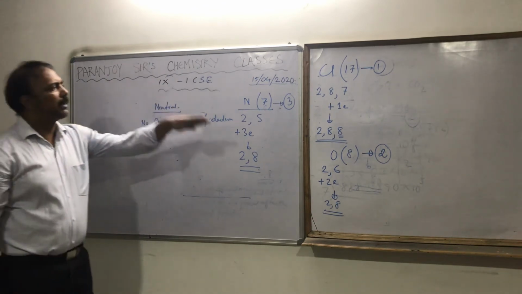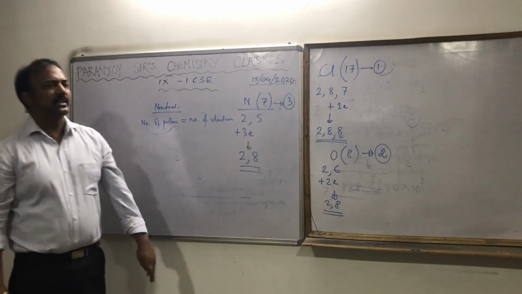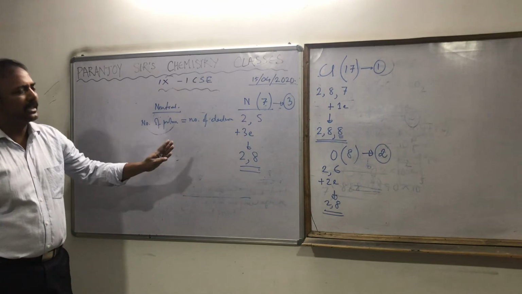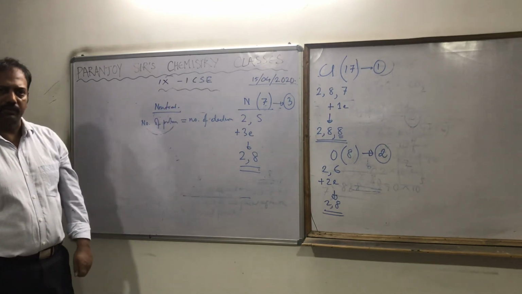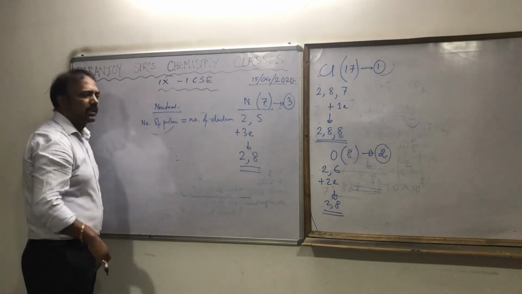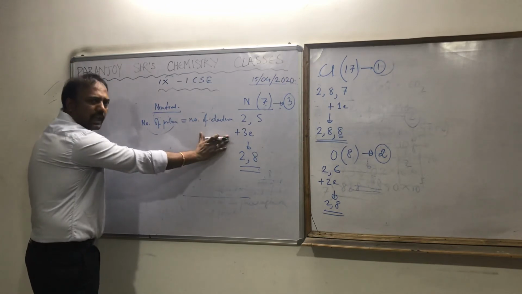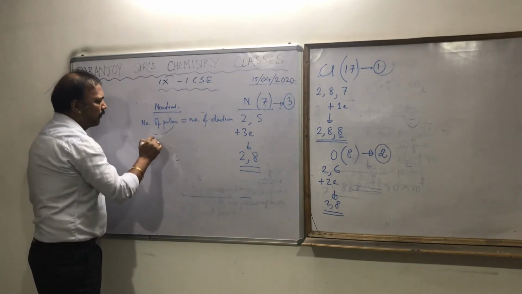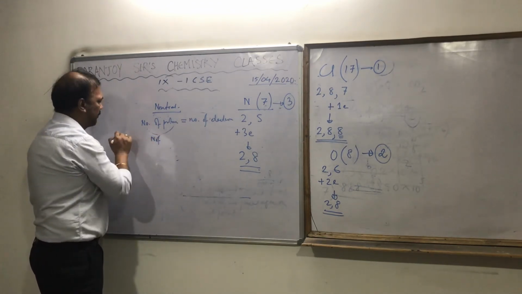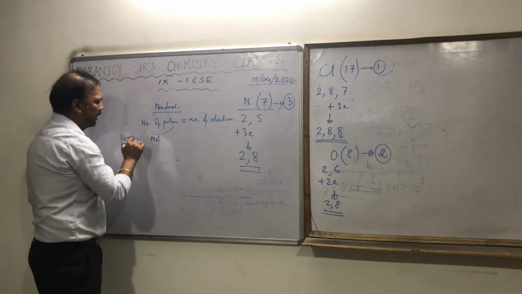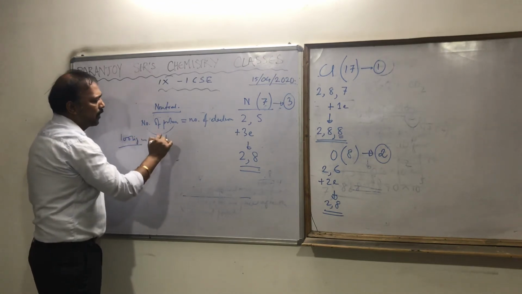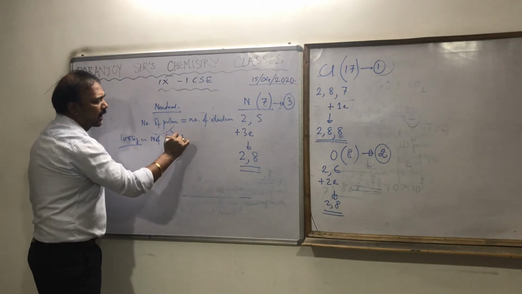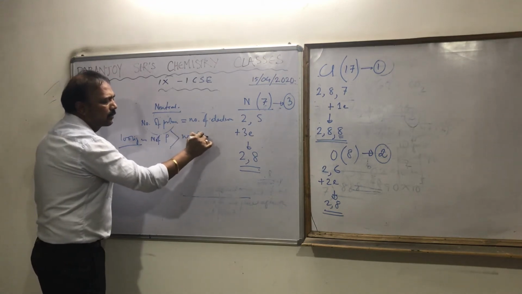Now when they are combining, till now whatever we had seen, either they are accepting or they are losing the electron. If they are losing the electron, number of protons will be greater than number of electrons.